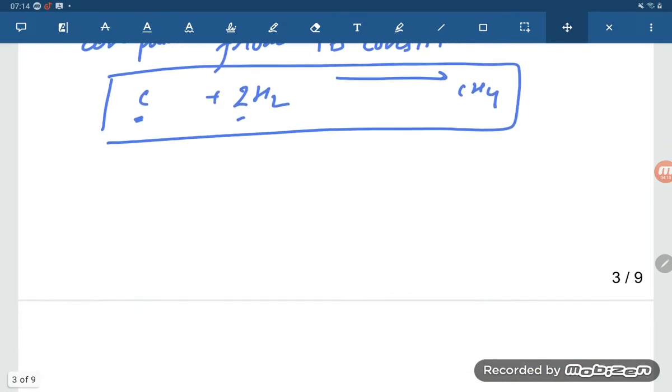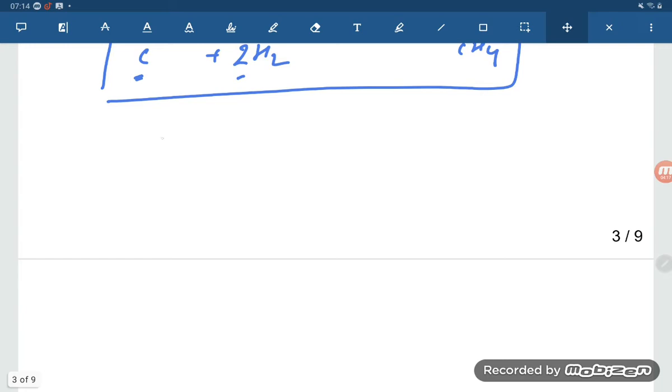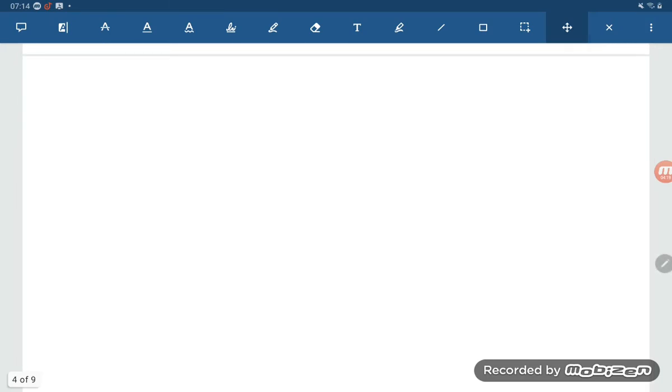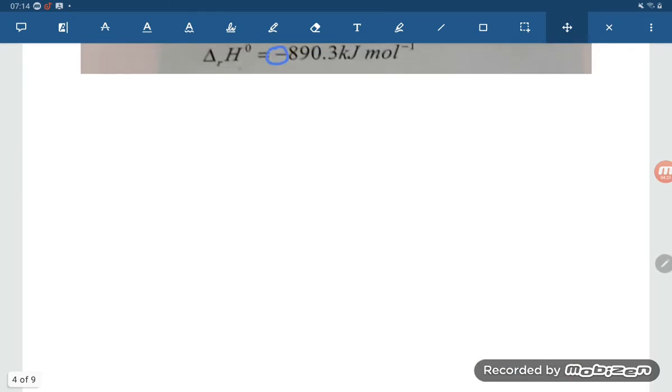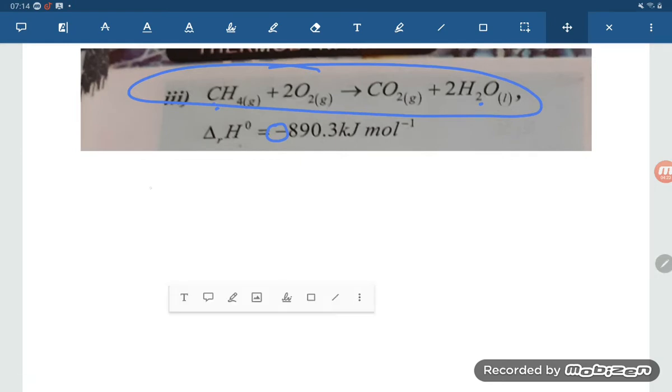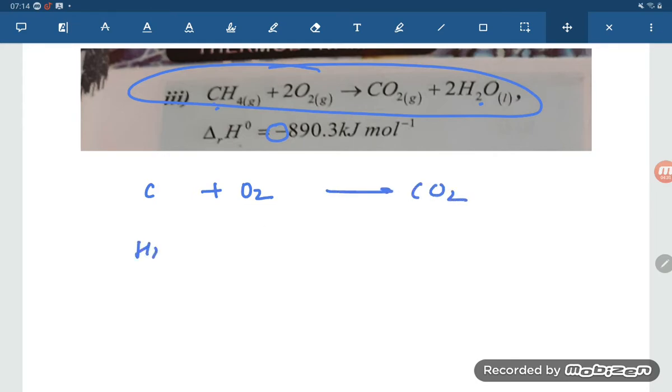See, the first equation I am writing here. What are the equations, students? Let me write here. The first equation is carbon plus oxygen, giving CO2, and the second is H2 plus half O2, giving H2O.